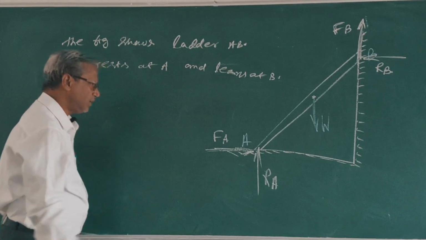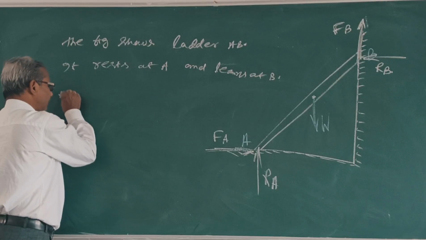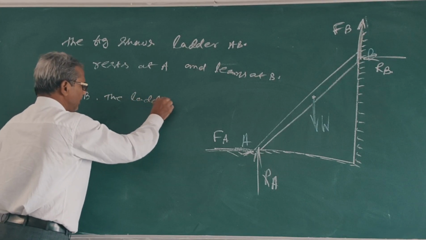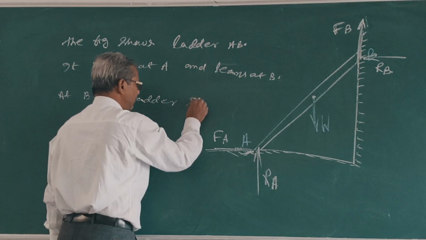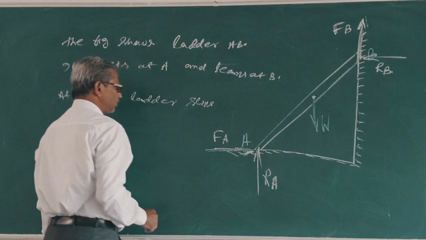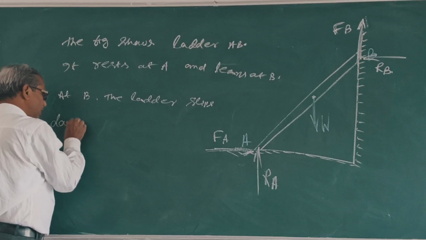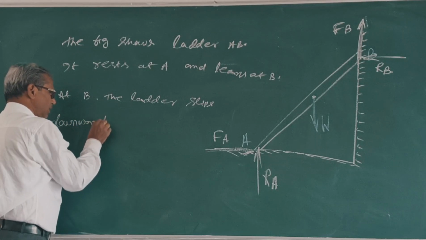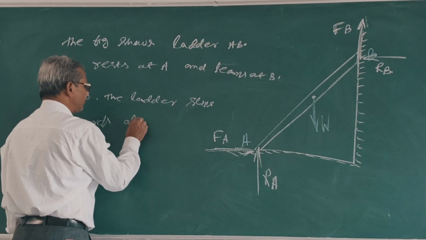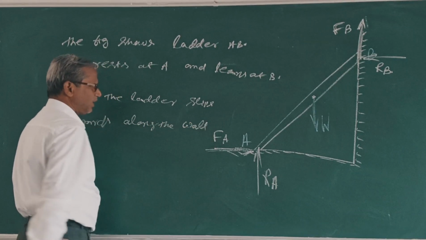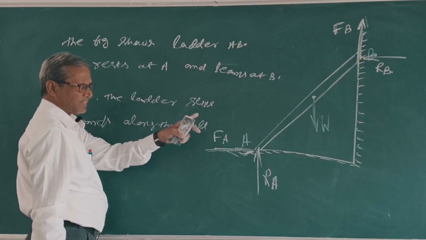At B, the ladder slips downwards along the wall, which means along the line of action of force FB.